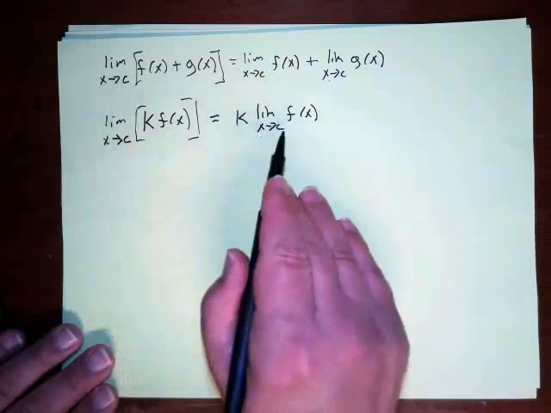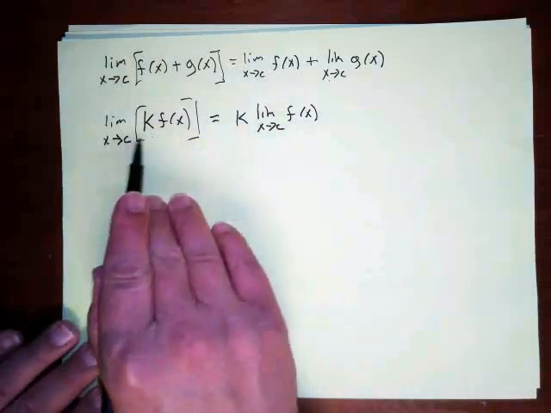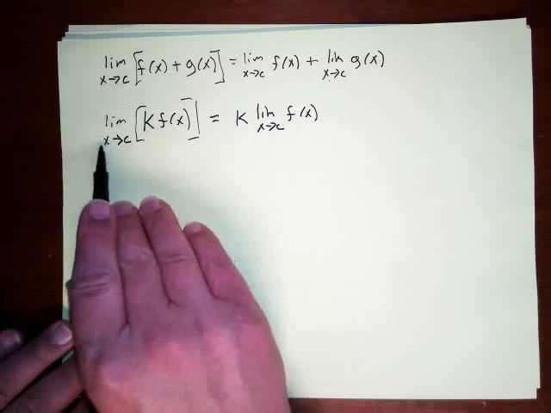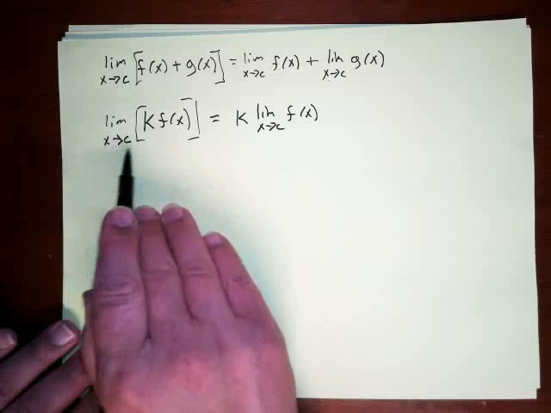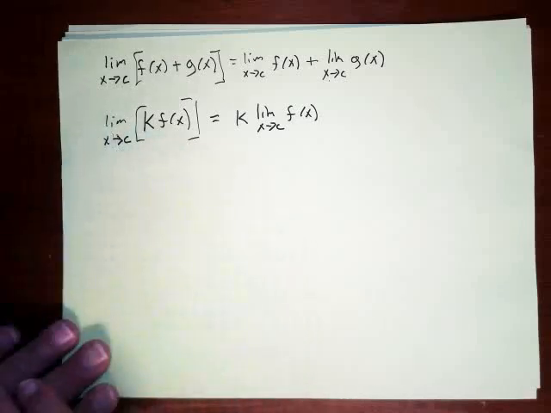This constant multiple rule just says you can pull the constant out, and take the constant times the limit of f of x. That's going to give you the same thing as the limit of some constant times f of x. We call that the constant multiple rule.